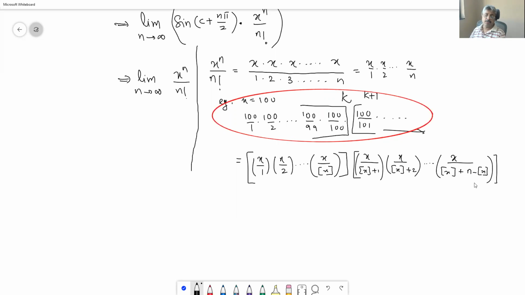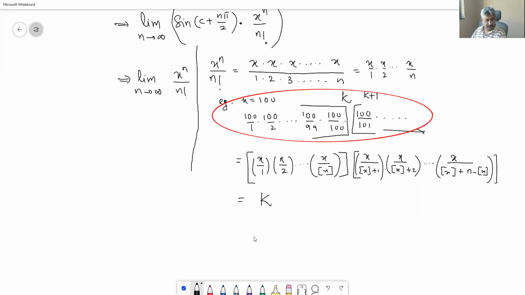These are the total number of terms which we have written here. Now this is the product of numbers which are greater than 1. You can call it a big number, say k.